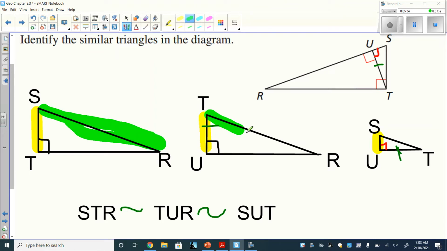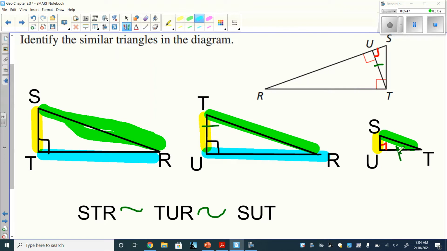SR, TR, and ST are all going to be similar because they're all the hypotenuse for each one of these triangles. And lastly, TR, UR, and UT are going to be similar. So we're talking about which sides are similar. I went STR, so I'm going to go TUR and SUT because those are all the similar setups for this. Now let's look at another one.